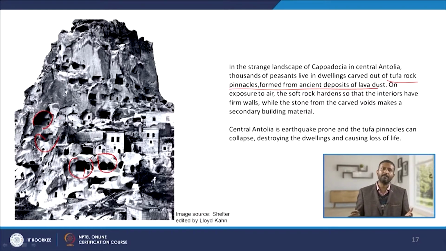And as you know, the fault line passes through Turkey, and it is an earthquake-prone area. These pinnacles often collapse, destroying the dwellings, and you can see many of those, like Kavasin, a Greek village, which has been demolished.